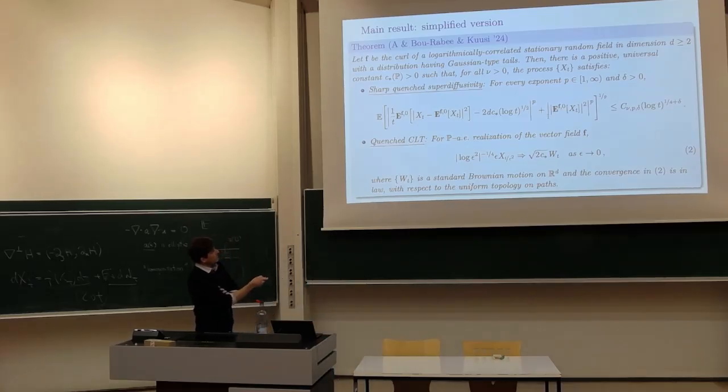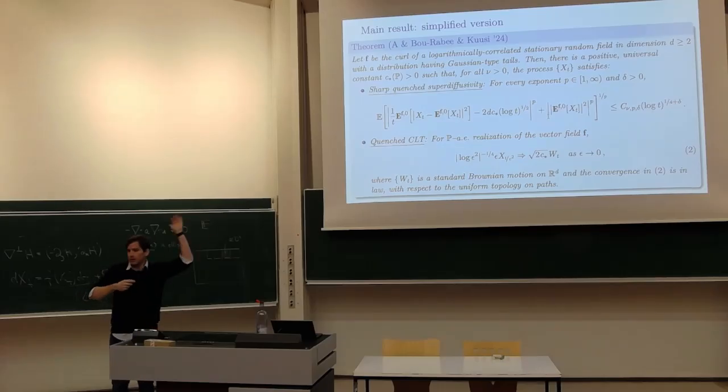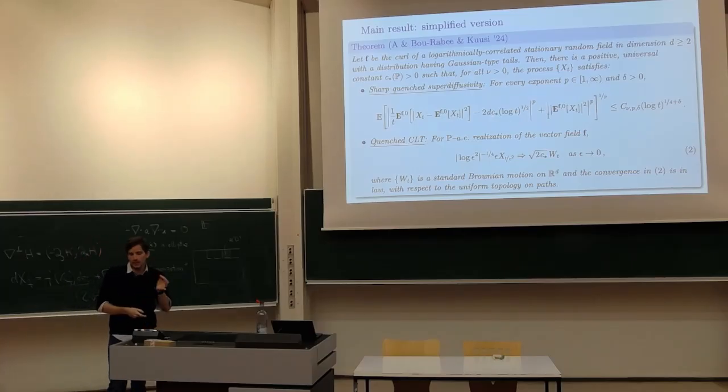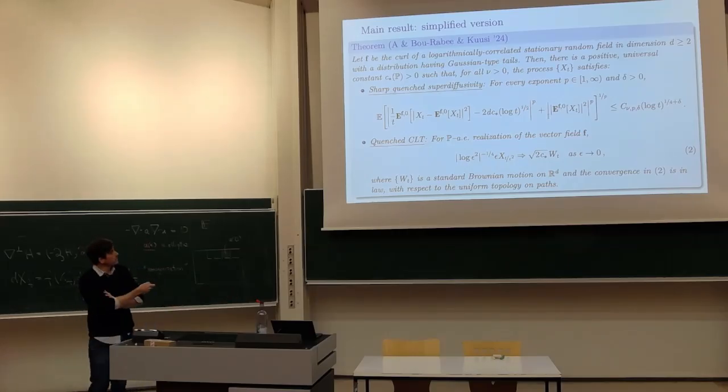And, okay, then we also have the difference between the variance and t log t times a particular constant. So our theorem doesn't just say it scales like this. Our theorem says it scales like this times a very particular constant, and the constant is independent of the realization of the vector field. So no matter what vector field you get with your dice roll, this thing will always be the same up to a constant.